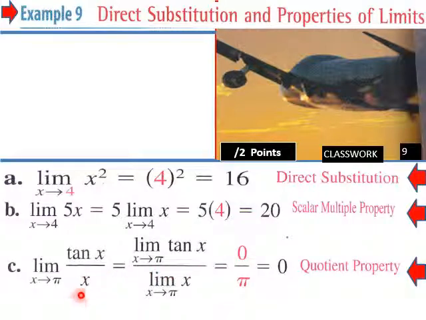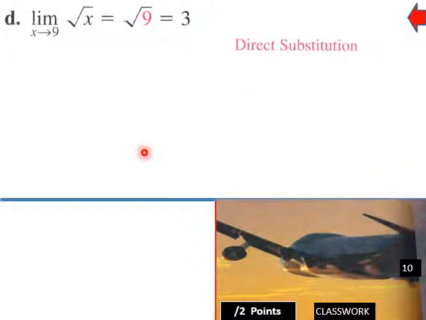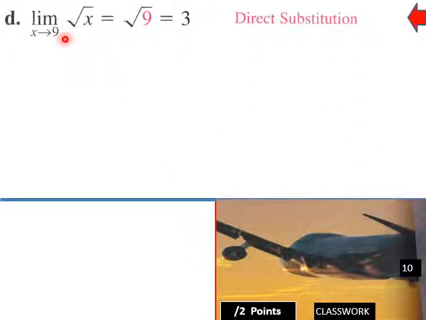And then here we have a quotient property. The limit as x approaches pi for tan x over x would equal the limit as x approaches pi for tan x over the limit as x approaches pi of x, which would equal 0 over pi, which would equal 0 by using the quotient property. And then the limit as x approaches 9 of radical x would equal radical 9, which would equal 3.